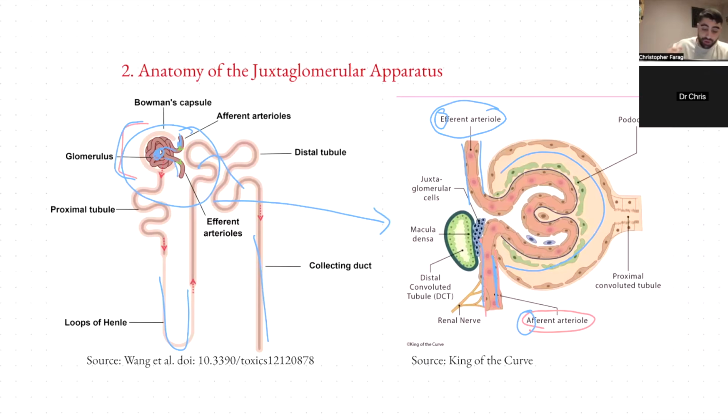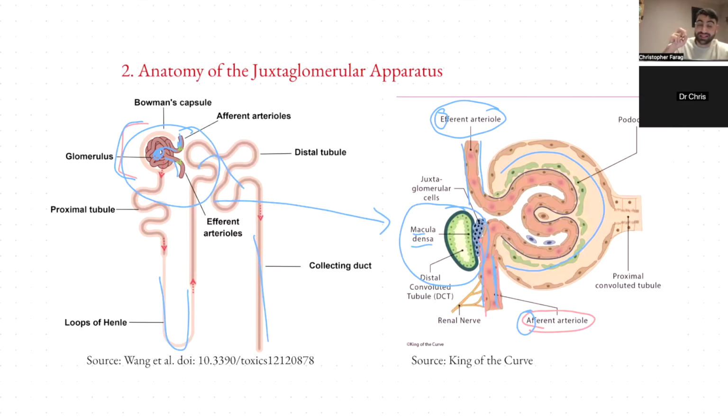Now, what's important, I said, is that interaction with the distal tubule. And you can see the distal tubule here in the bit that I'm circling. What's important is this area called the macula densa. Now, the macula densa are specialized cells in the distal tubule.